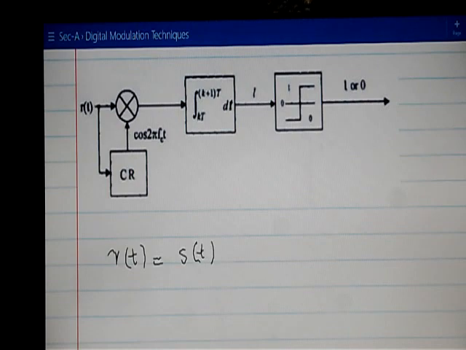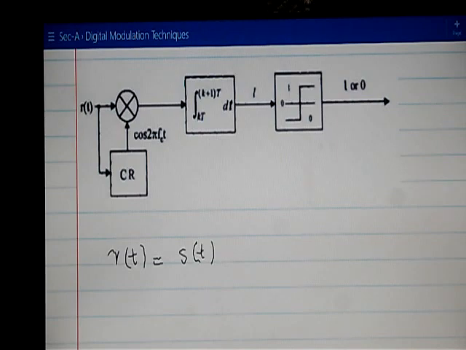The first thing is the CR block. CR is actually the carrier recovery block. We are not going into details of the carrier recovery block, because you already learned this in your previous course last semester. Here we assume that the carrier can be recovered from this signal, and the carrier is cos of 2 pi fct, the sinusoid.